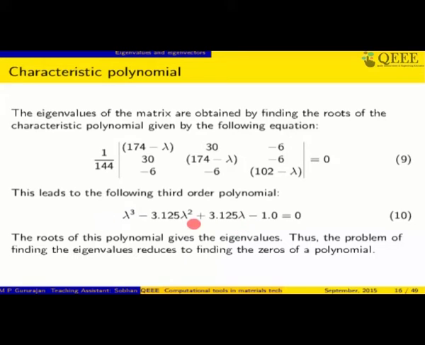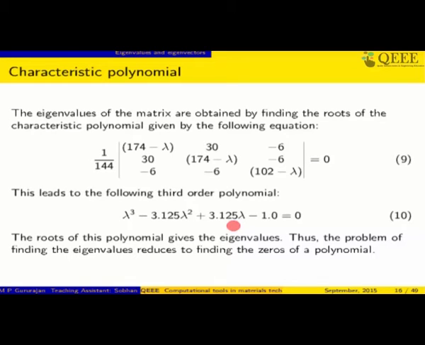The roots of this polynomial, because it's a third order polynomial, you will have 3 roots. They are the eigenvalues. So the problem of finding eigenvalues finally boils down to finding zeros of a given polynomial. Here again, it is very useful if you have a computer and can plot this polynomial, for example.